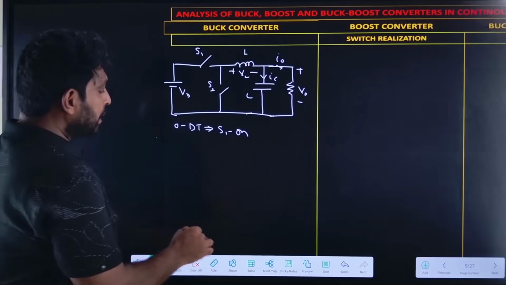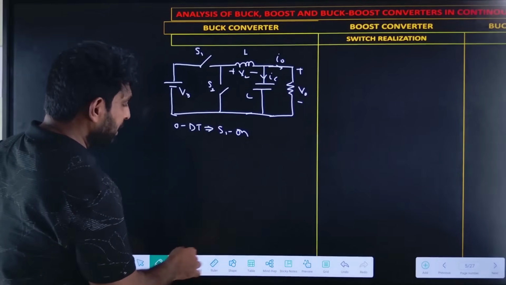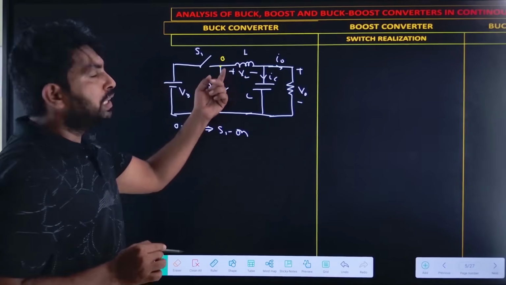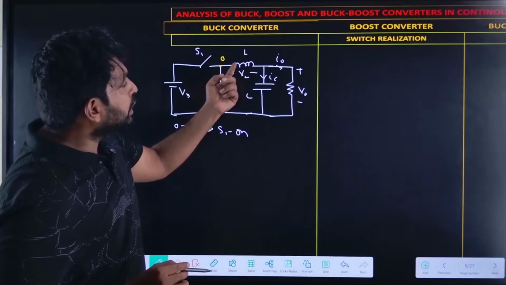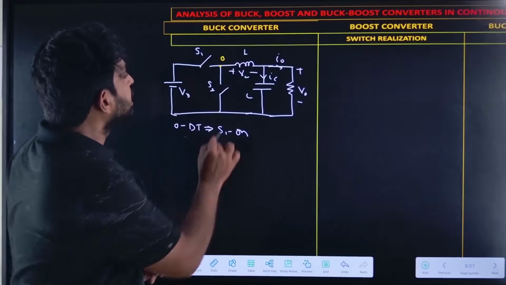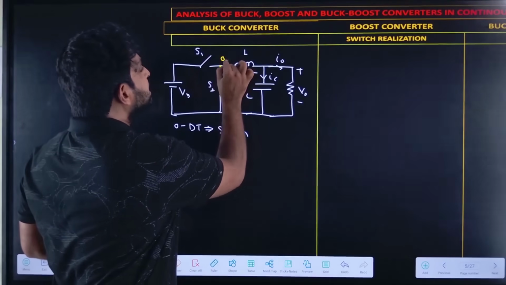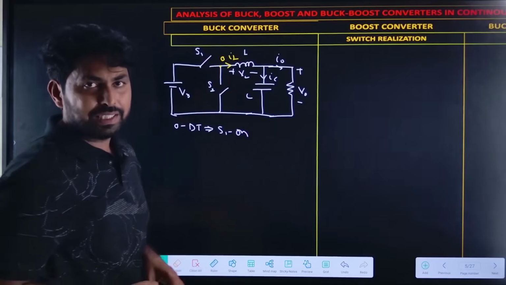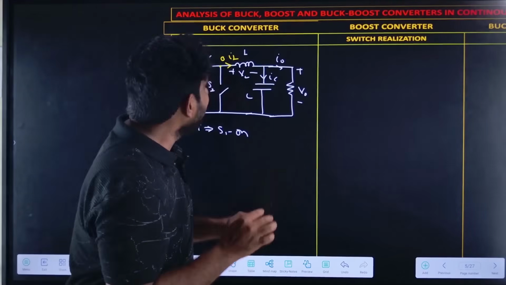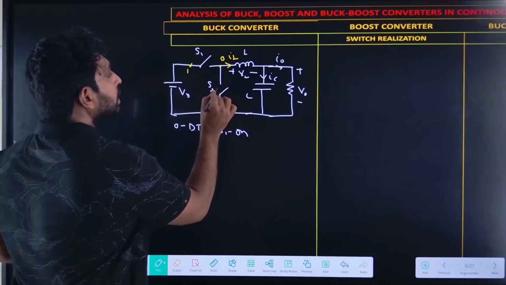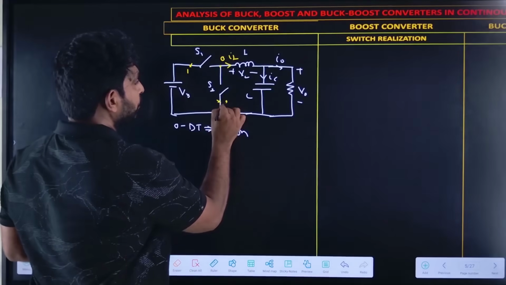Now, let me assume this as common point O. The point at which the two switches are connected to the inductor, I am assuming as a common point. And the IL I am taking as a reference current direction. So this point I can call 1, and this point I can call 2.